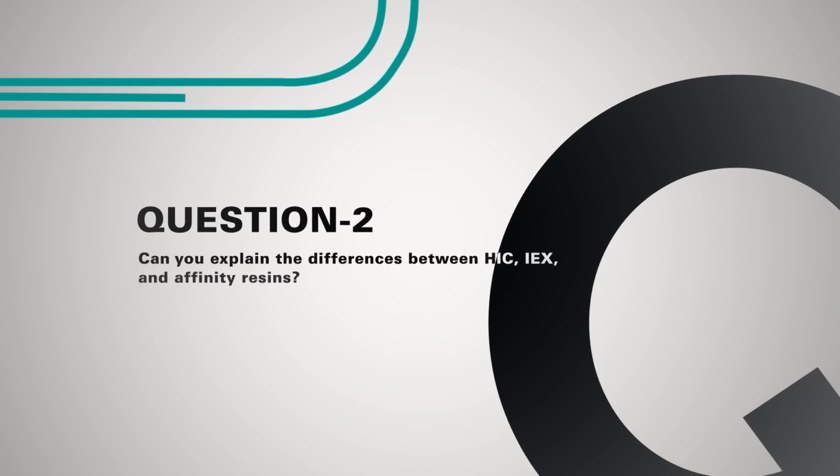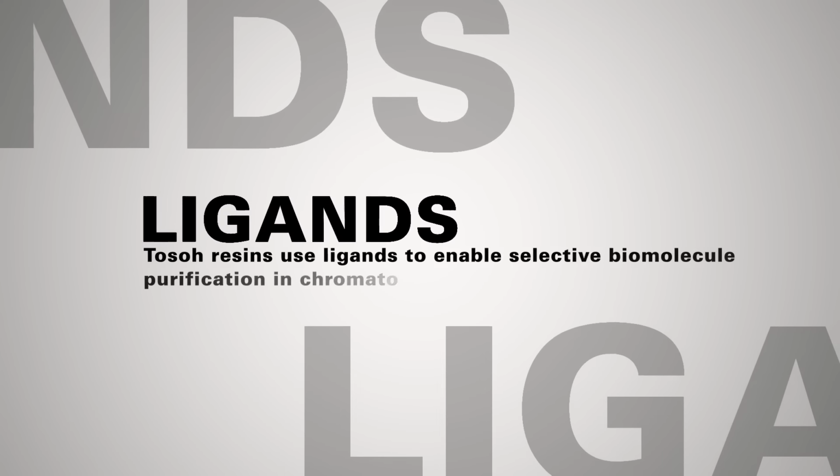Interesting. So, as a former lab scientist, I've heard a lot of different terms for chromatography, ion exchange, HIC. What are the differences between these things? Yes, as I just introduced earlier, when you make these beads, you want to make sure they have functionalities. You can make them positively charged or negatively charged, or you can put a ligand on them.